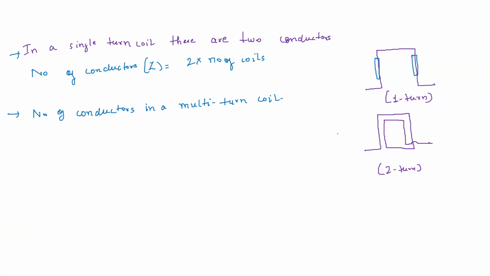Here there is one conductor on each of these sides. So the number of conductors Z is equal to 2 into T, where T is the number of turns, into the number of coils.